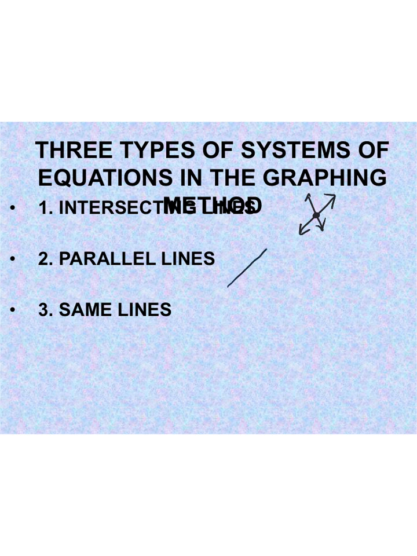Parallel lines, we know, are two lines that run side by side, equal distance apart, and do not ever cross. And same lines means basically that you are graphing two equations and you only get one line, and that's because both equations are the same even though they look different.